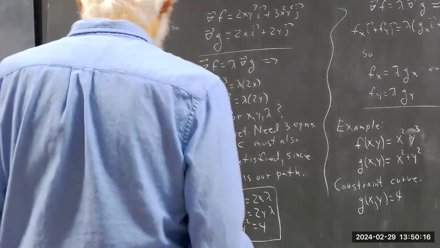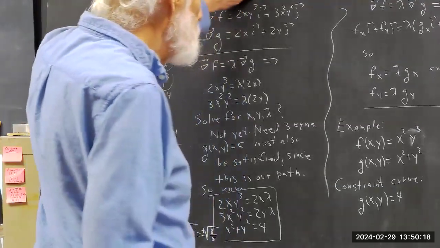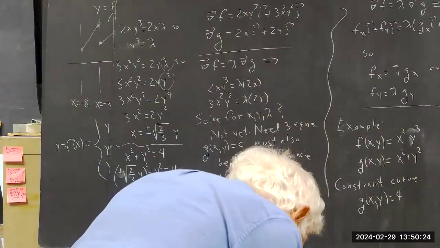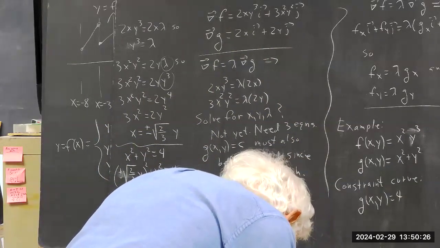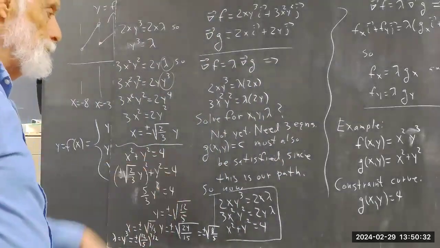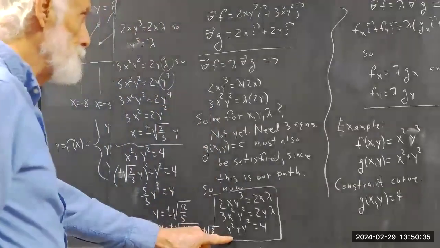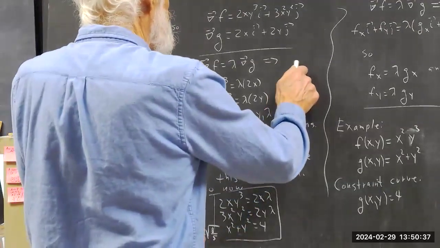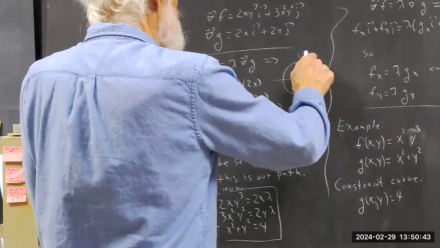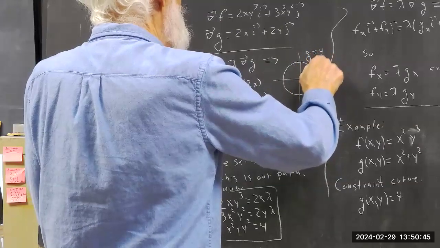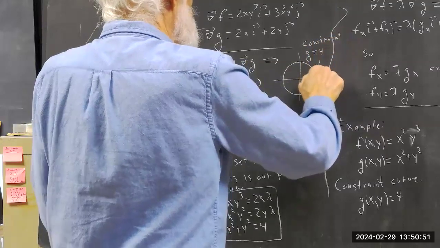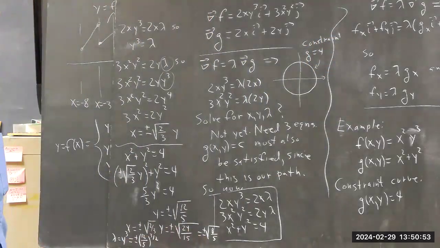Now, one thing is, what's the interpretation of this solution? I'm probably out of board space, but I draw kind of small. Geometrically, this is a circle. So here is the constraint curve when G equals 4. Okay.